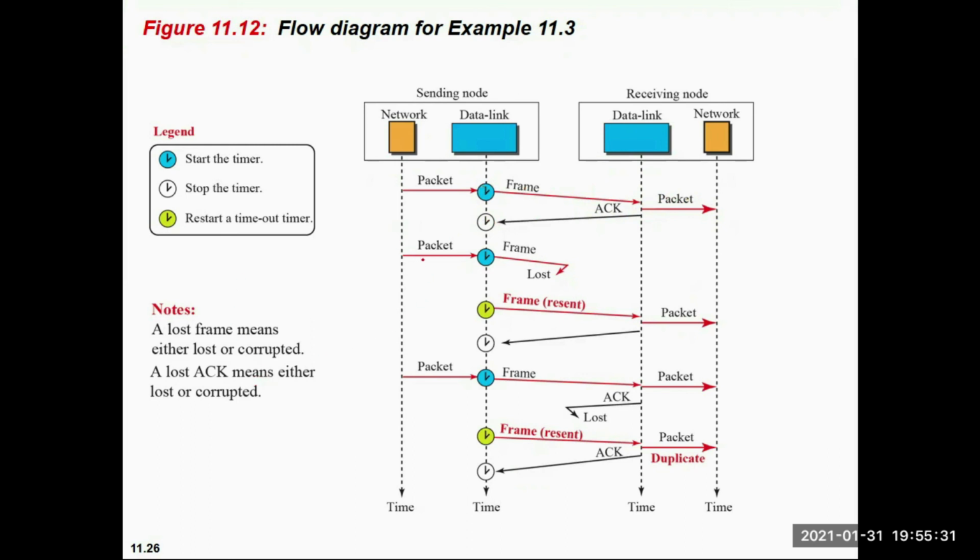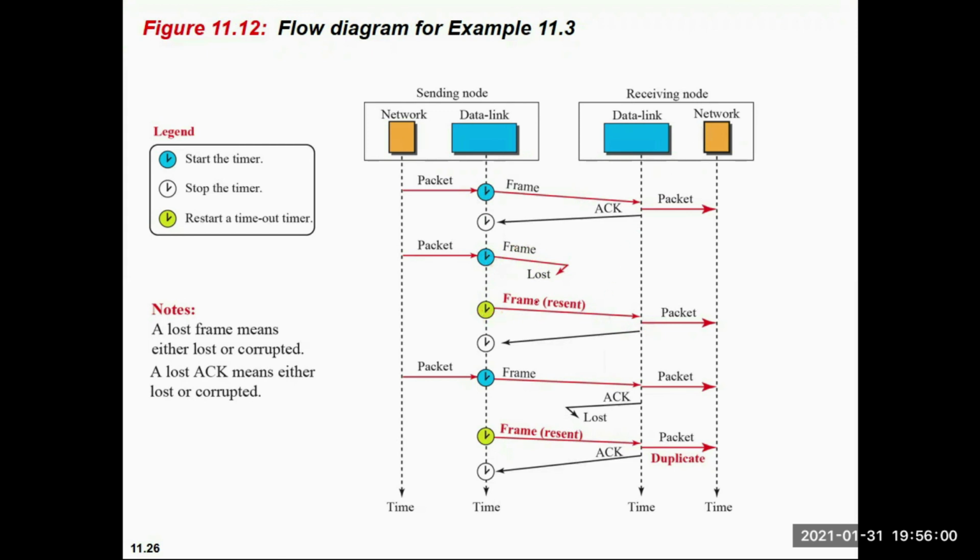In the second case, the packet is received at the data link layer, which creates a frame and sends it. Okay, it is also saving a copy of that frame at the data link layer. When it is sending that frame, it starts the timer. That frame is lost somewhere. So after timeout, it will resend the saved copy of that frame.